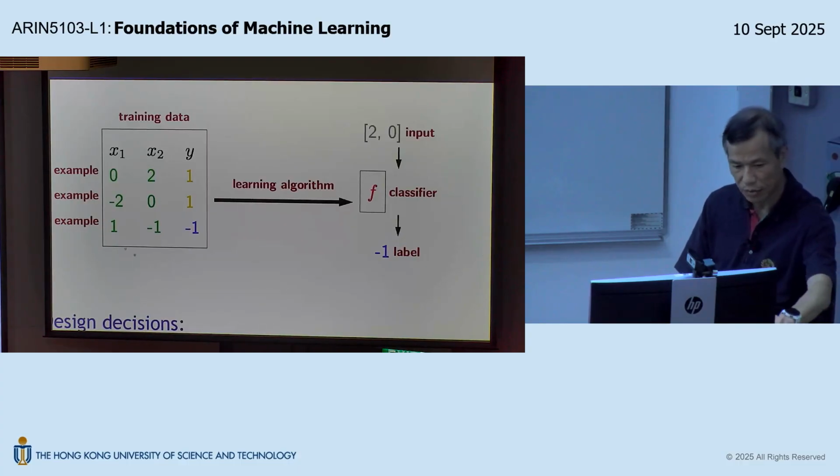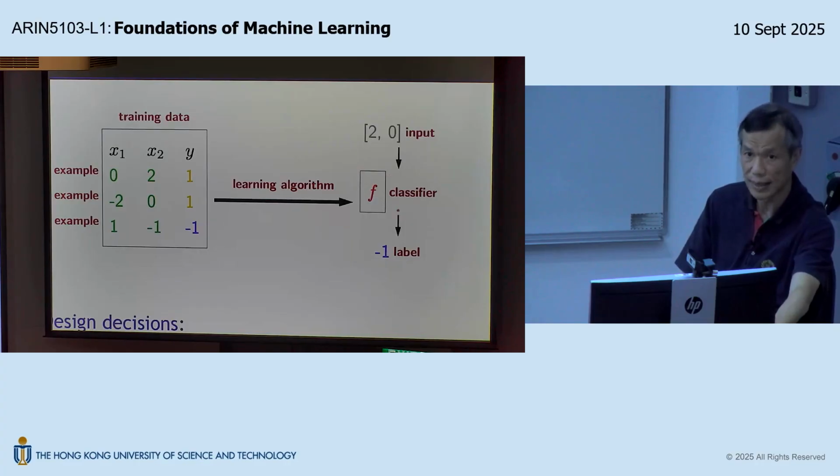You have a training set, you go through some algorithm, and then you obtain a model. Since we are talking about a classification problem, in this case the model is called a classifier.